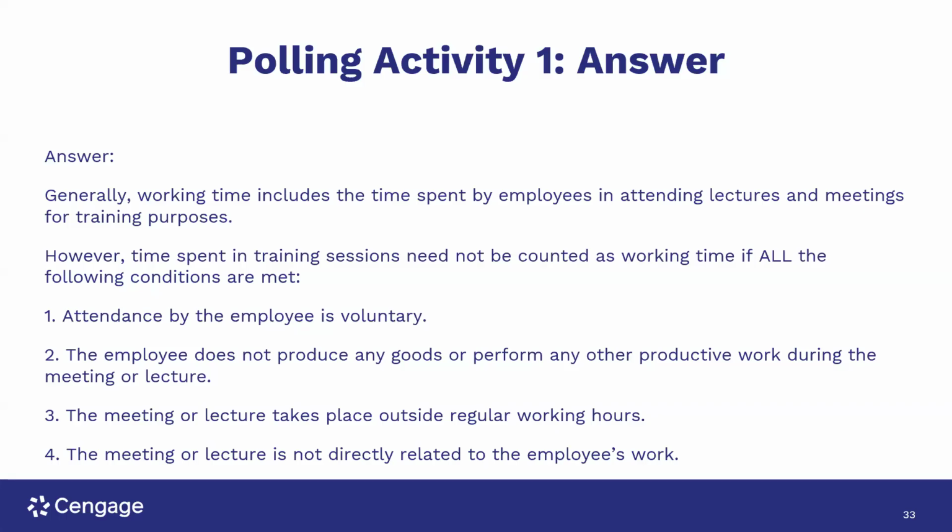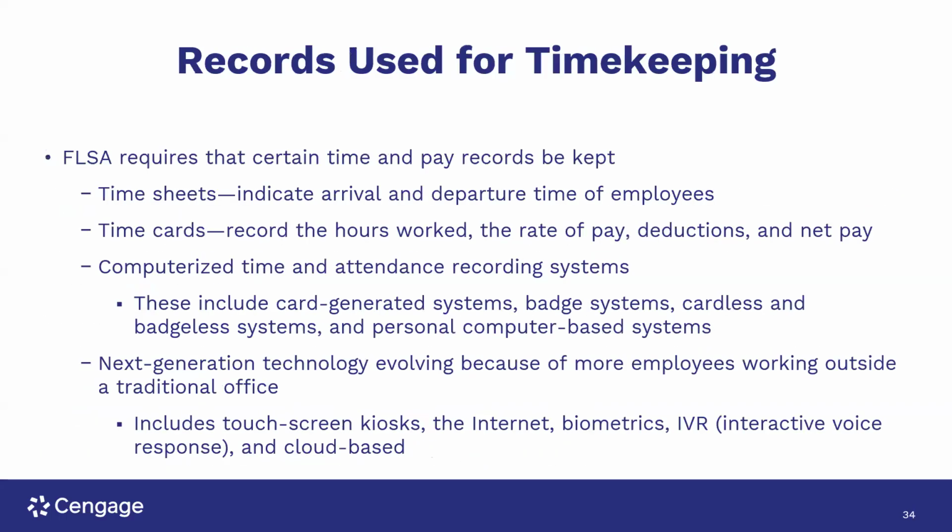For example, if attendance is voluntary, if the employee does not produce any goods or productive work during the lecture, if the lecture takes place outside of regular work hours, and if it's not directly related to the employee's work, then under all these conditions it would not be required to be paid for that time. But if any of these conditions are true, he would need to be paid for that time.